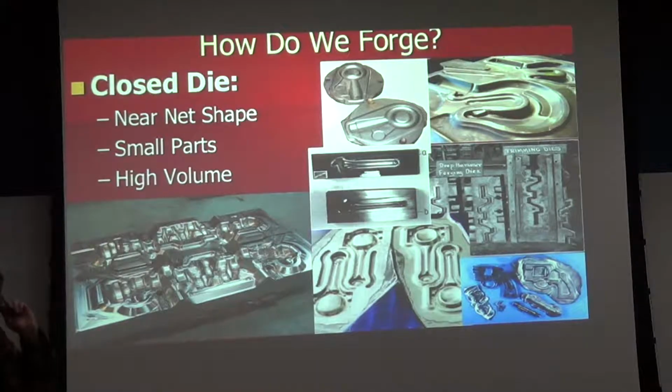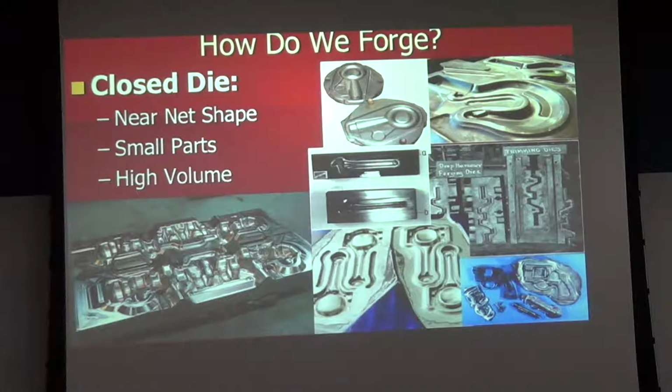Anyone know how long just an average one of these dies might last? How many parts can you get out of one? I guess 1,000. Close. 1,500. About 3,000 typically. That's what I've been told, plus or minus a little bit. Now, they don't throw the die out and make a new die. What they do is they'll hard machine the surface of it deeper.